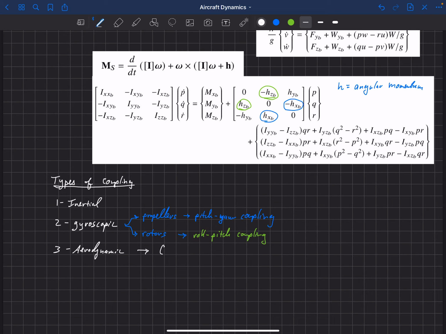One of those is CL alpha. So this is your change in rolling moment with respect to angle of attack. Now for a perfectly symmetric aircraft, where the geometry is symmetric and the propulsion system is perfectly symmetric, then you don't have a change in rolling moment with respect to angle of attack. But you could if you have some asymmetry there.